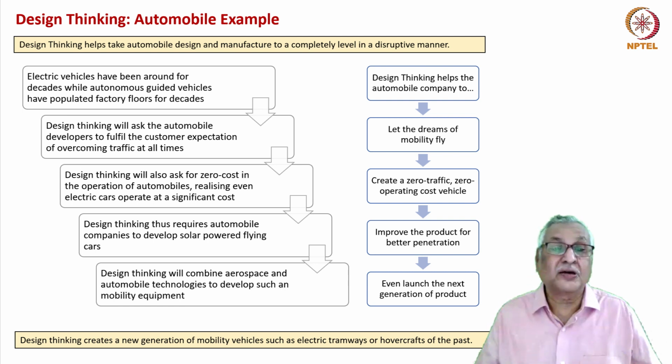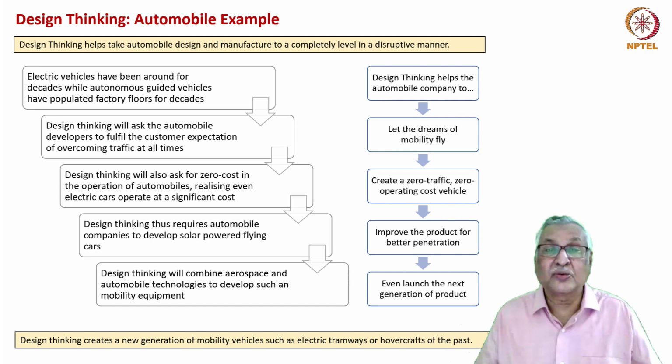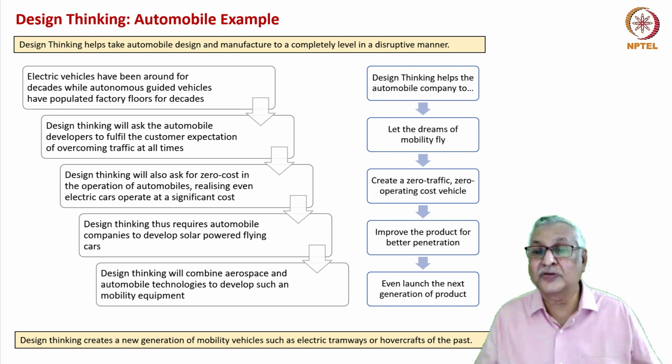Design thinking also requires automobile companies to develop solar powered flying cars. Design thinking will challenge the company to combine aerospace and automobile technologies to develop such a mobility equipment. Therefore, design thinking helps the automobile company to let the dreams of mobility fly in a literal as well as figurative sense.